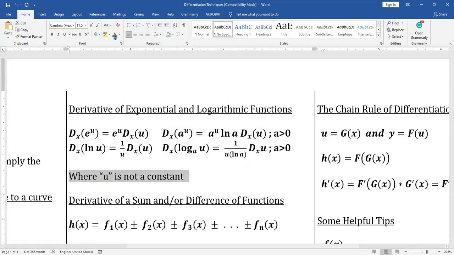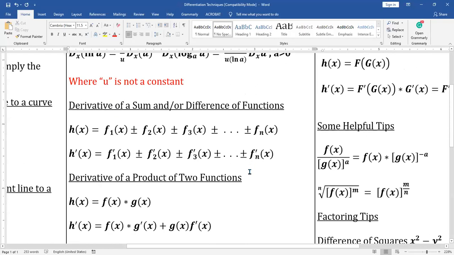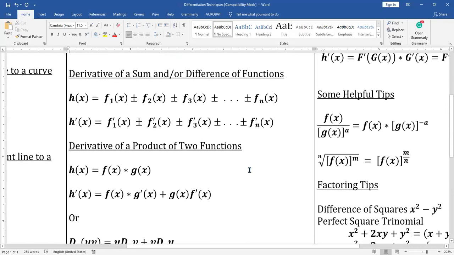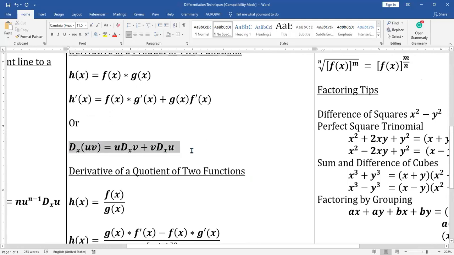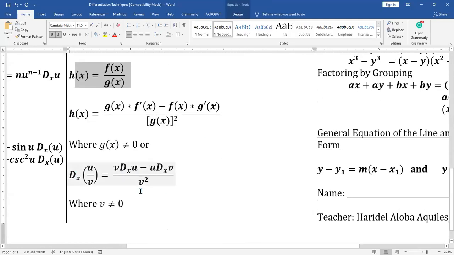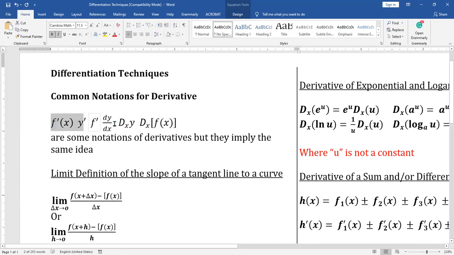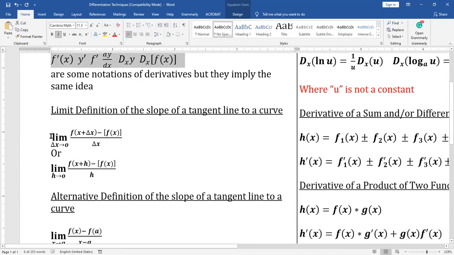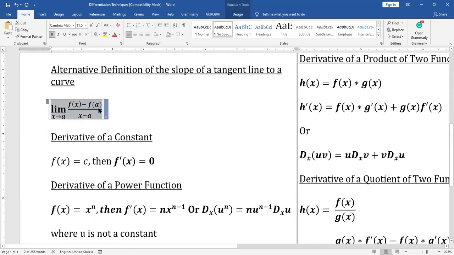We have the notations, and then this one is the product rule, and this one is the quotient rule. And by the way, the denominator should not be zero. We have already covered this. We're done with these notations, and this is just the same here, and that's just the same here.